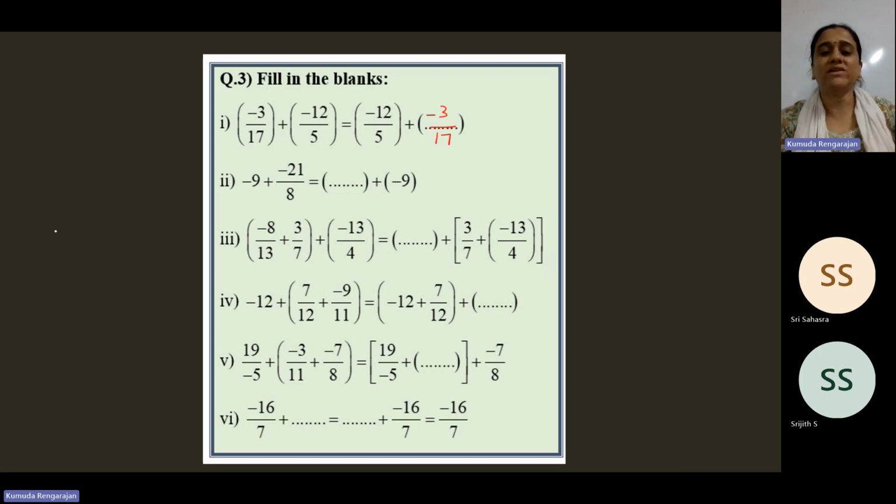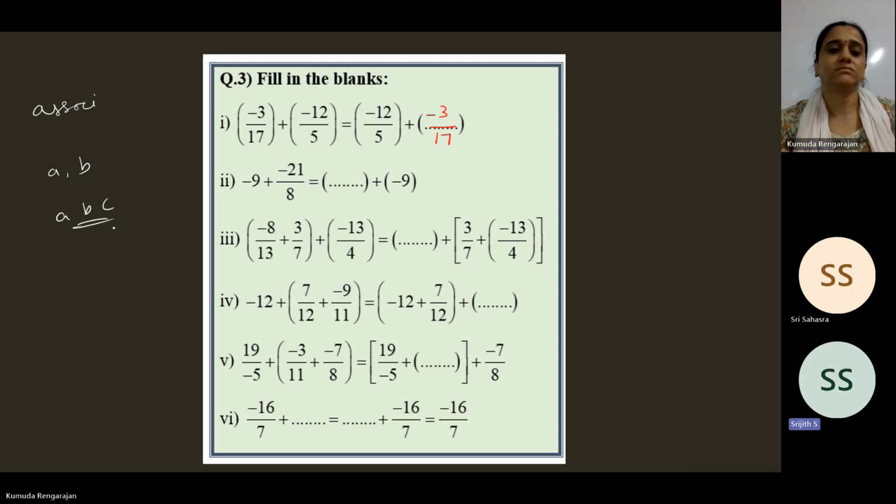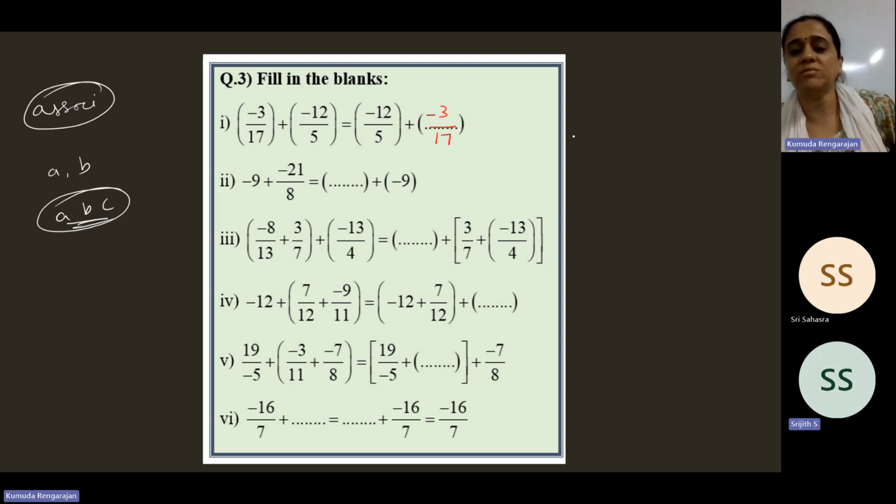In apartments, you have an association, right? A, B, 2 members, 3 members. Which is big, 2 or 3? 3. So associative means 3, like many. Commutative is only 2.